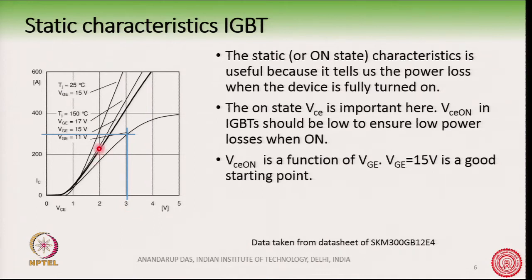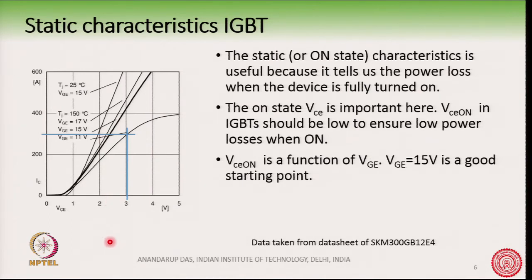On the other hand, for the same current IC about 300 ampere, if the VGE, that is the gate emitter voltage, is 15 volt, then I am somewhere at this point, which is about maybe 2.2 volt, the VCE.